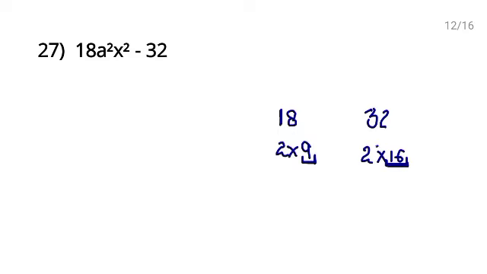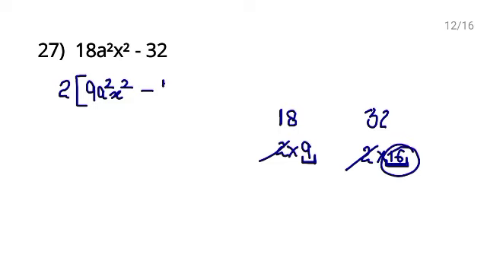So we can take 2 common from both these numerical terms, right? So हम 2 common ले लेते हैं। 2 अगर हम outside the bracket लेंगे, from 18 we will get 2 9s are 18, and we have a square x square. And from 32, if we take 2 outside, we will get this 16, because 2 into 16 is 32.